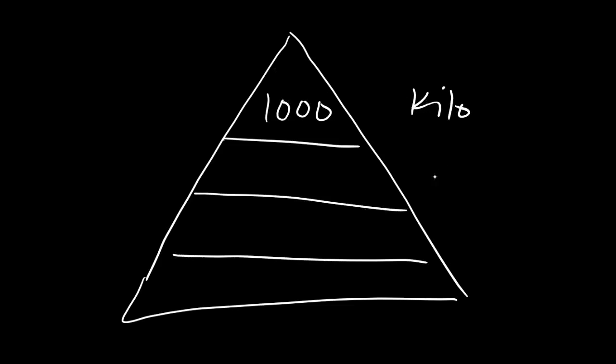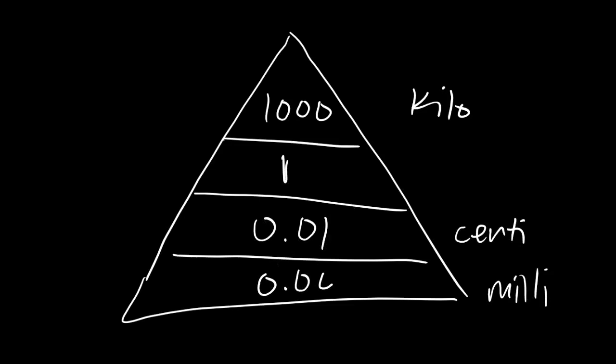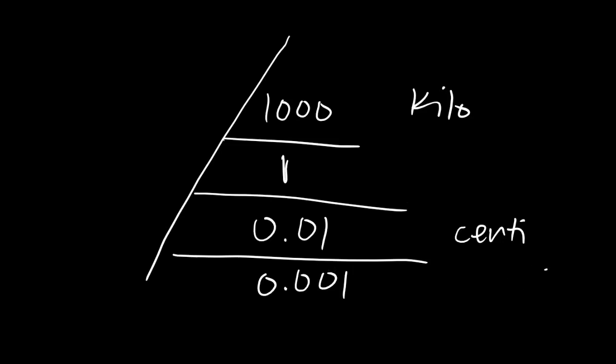There's nothing, that's 1. Centi is 0.01. Milli 0.001. So have this diagram in your notes so that you can reference it further. And now we're going to talk a bit about how these can be converted.